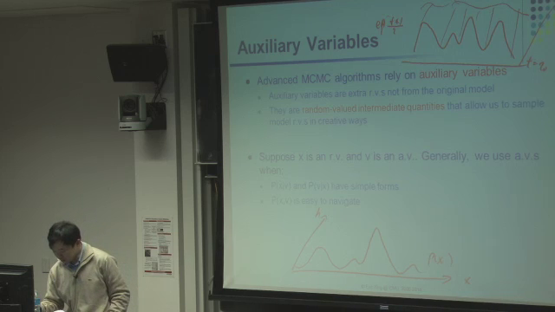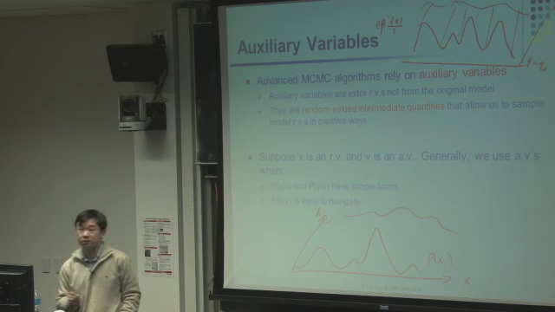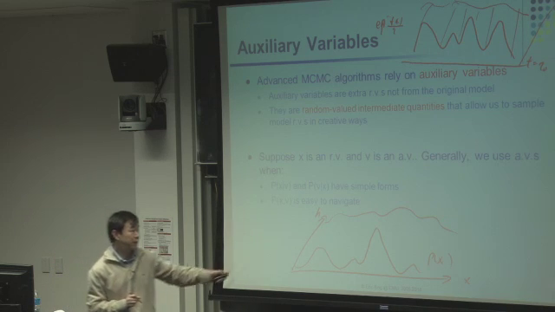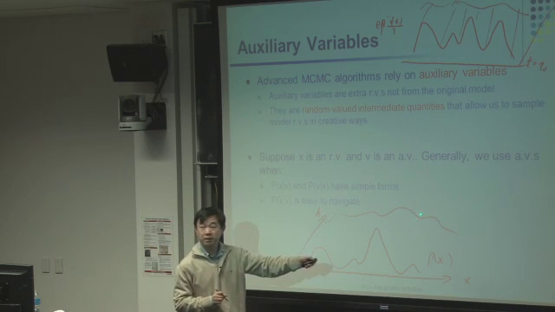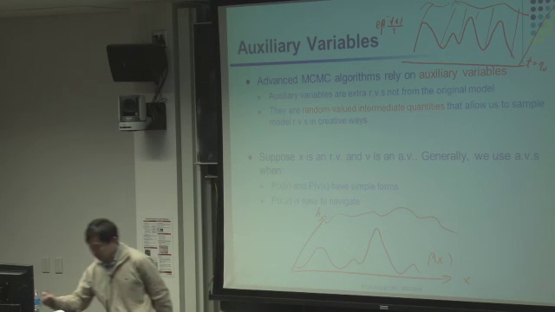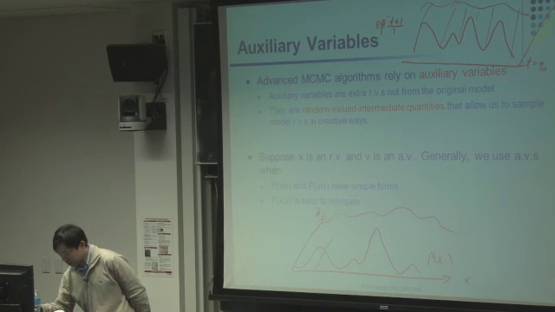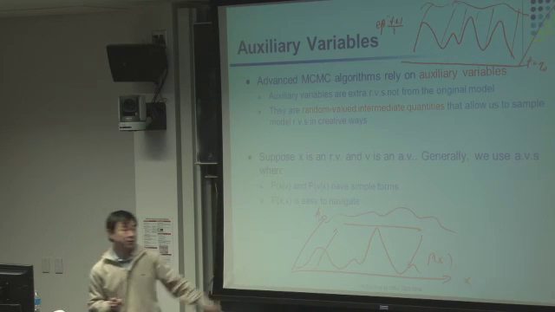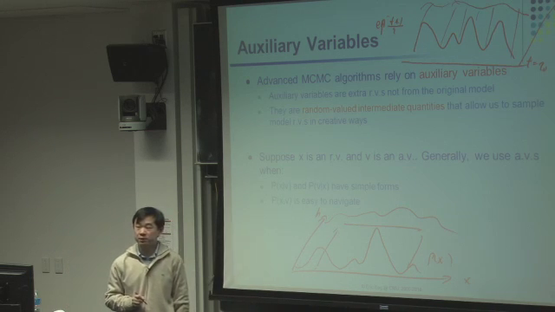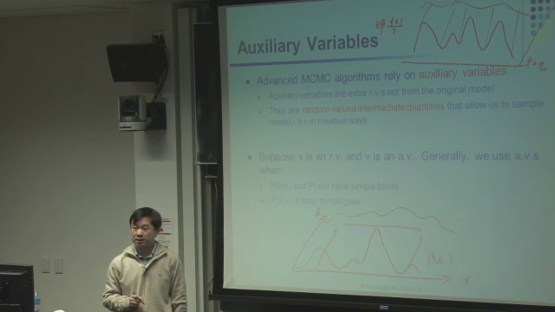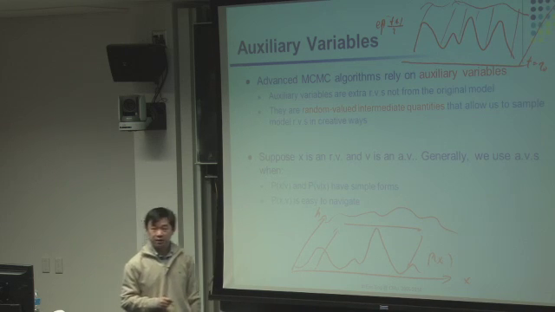Maybe over there, with a different value of H, the shape becomes a little bit more benign, and therefore you can actually get samples in here. So you kind of go on a detour. You sample from here, you move to here by changing the H, and then you move here and you go back. And suddenly you can move into these different zones in the distribution space. So that's the value of an auxiliary random variable.